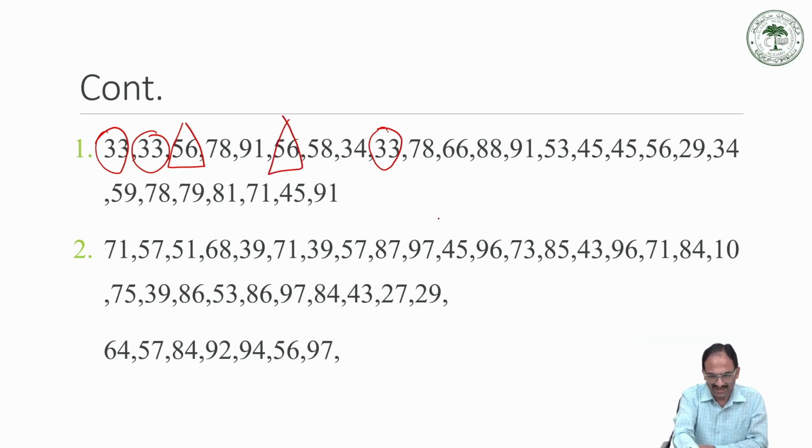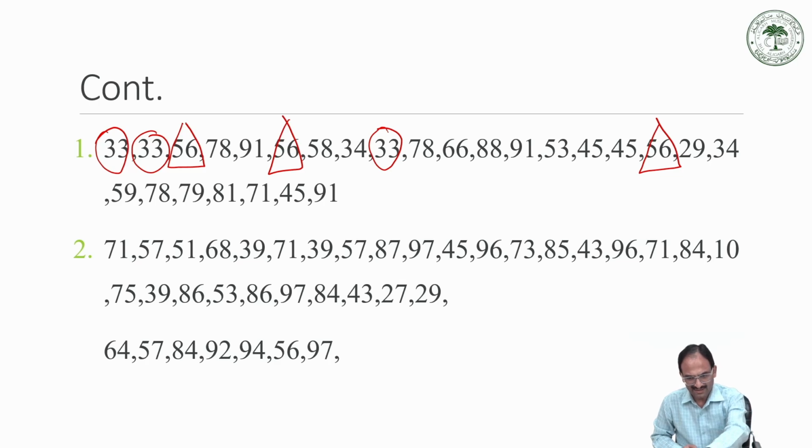Then if you move ahead, I think 56, one more. So let's check it. 56 once, 56 twice, and in this whole data set, 56 appears thrice.